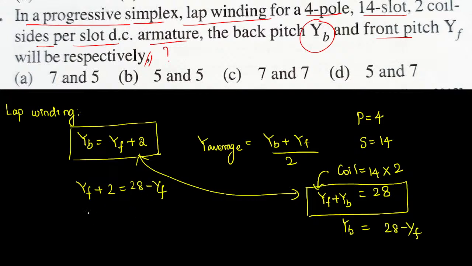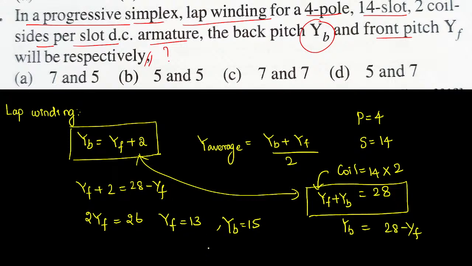Bringing it to the left-hand side, twice the front pitch equals 28 minus 2, which is 26. So front pitch will become 13. Yes or no? So front pitch will become 13. If I substitute it here, back pitch will become 15.